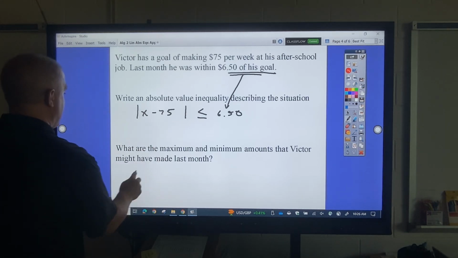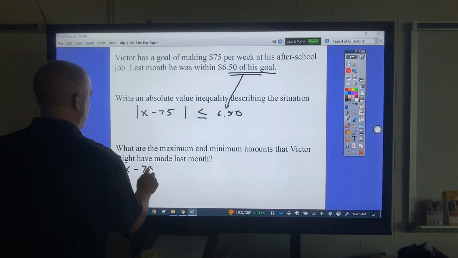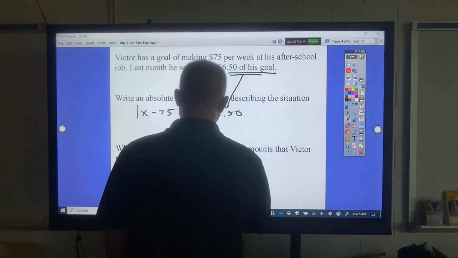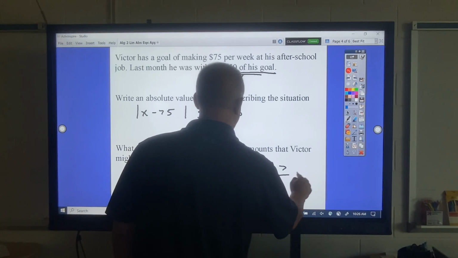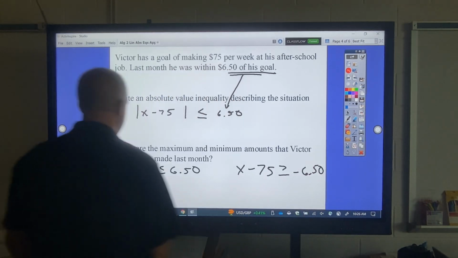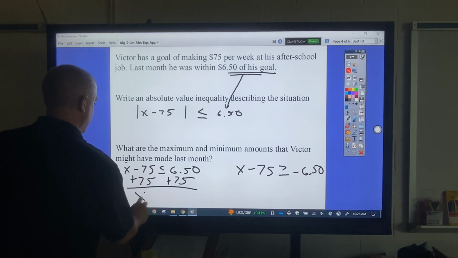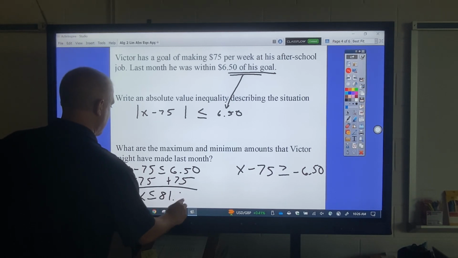So how do we solve an absolute value inequality? Well, one is this, and then for the other I flip the inequality and make the right side negative. If I add 75, x is less than or equal to 81.50.